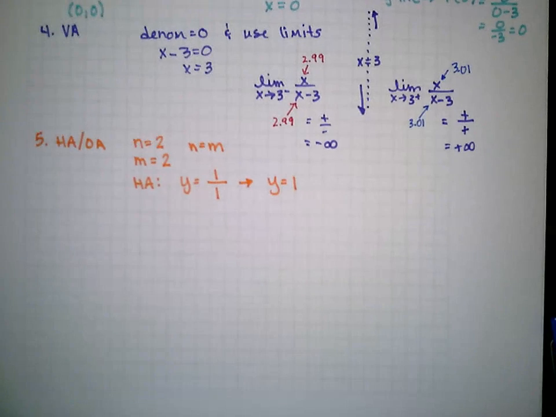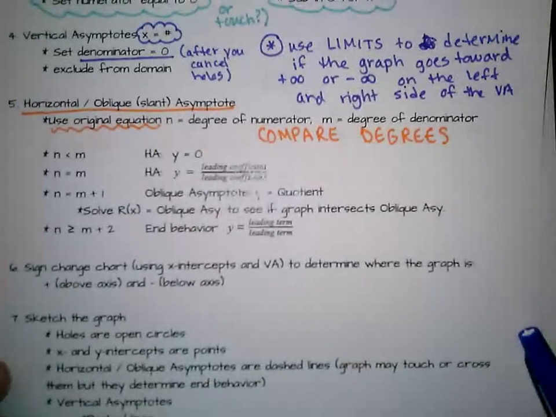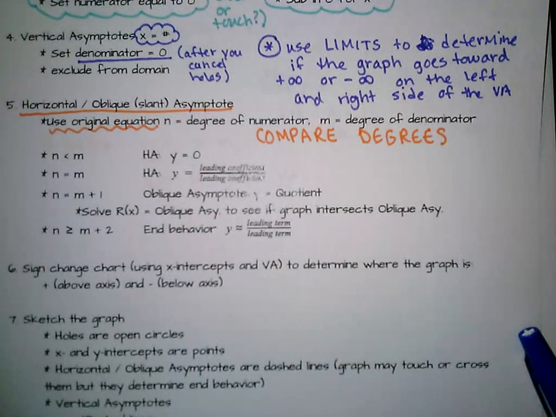Oh shoot, I want to talk about this. During section 2, I made the statement that a function can cross a horizontal or oblique asymptote.